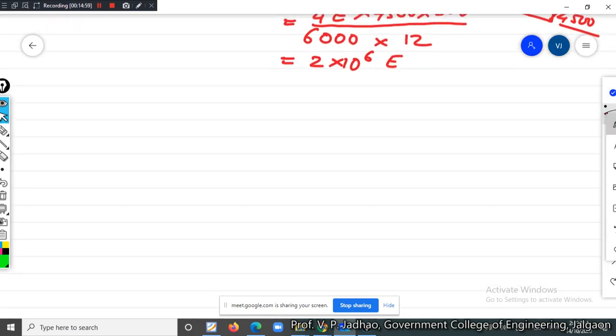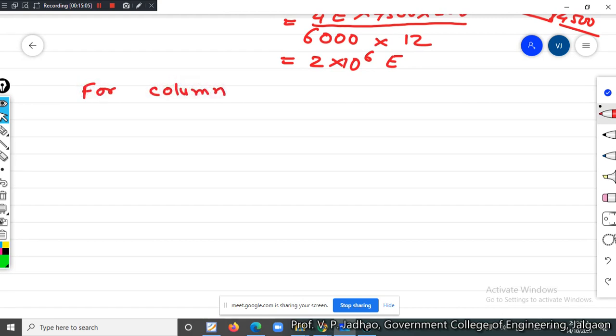Now we have to calculate the stiffness of your columns, for a column along the longer direction. Now we know that the columns are placed in this manner. This is 400 mm and this width is 300 mm.